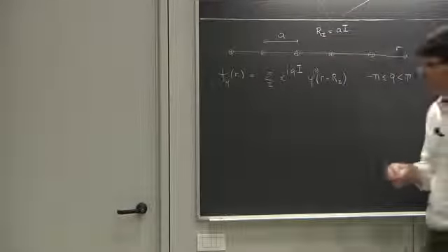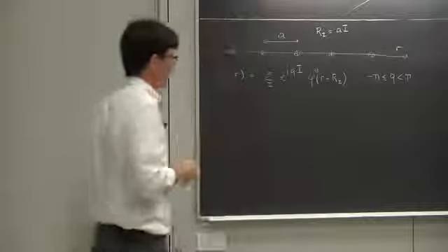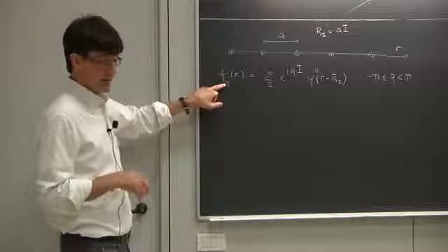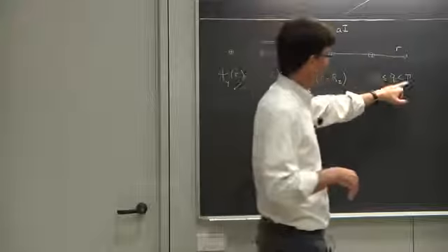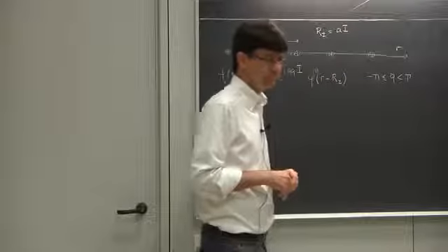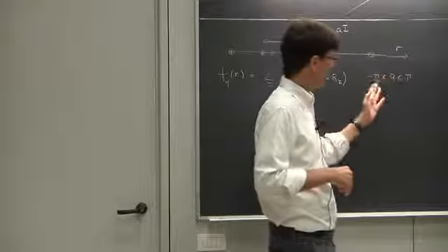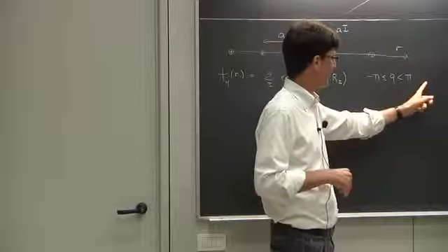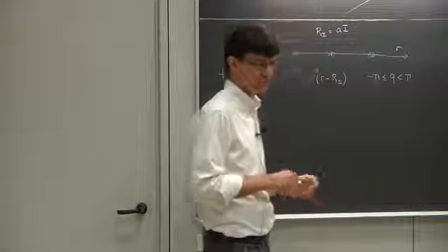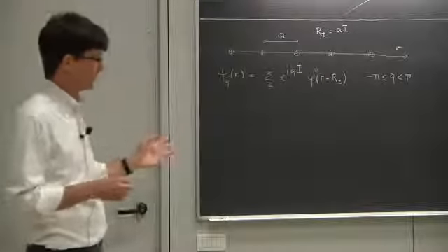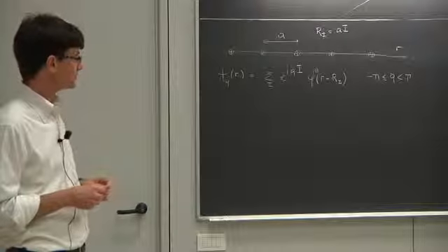Fine. So this is an infinite set of solutions labeled by Q. Q can take these values. It can also take values outside this range, but as we argued last time, there's no need to go outside, because if we go outside, there will be a solution inside this range that is exactly identical, both in energy and in terms of wave function.